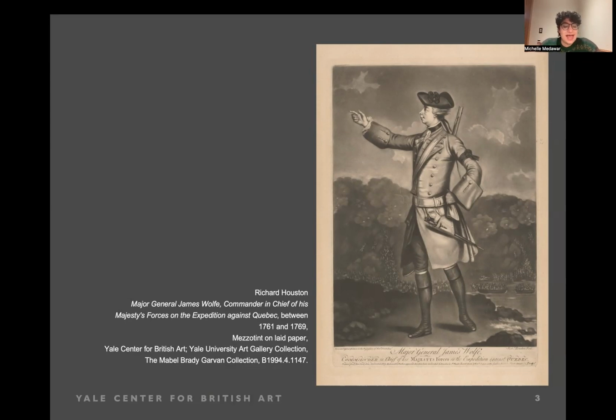The phrase expedition against Quebec is really doing a lot of work here. This tells us that first and foremost, the relationship between the British and their newly acquired land was antagonistic. Wolfe was aiming to conquer the land itself, as opposed to simply conquering the French. He wasn't aiming to win a battle, he wasn't aiming to defeat an enemy, he was aiming to win against the land.